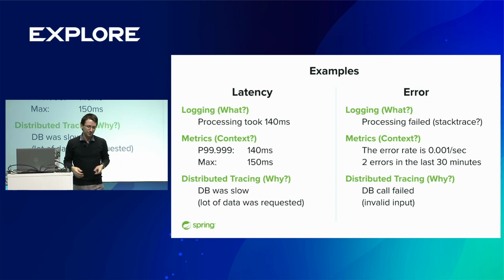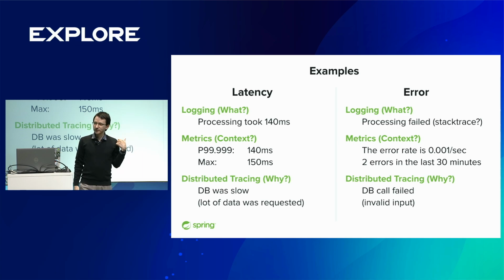Like it's not working. So metrics can give you this context. It can say that, hey, the maximum latency in the time window was 150 milliseconds and the P99 was 140. Within that context, 140 milliseconds is rather bad. It is very close to the max. But we don't know why. Why was it 140? Why is it out of trend?